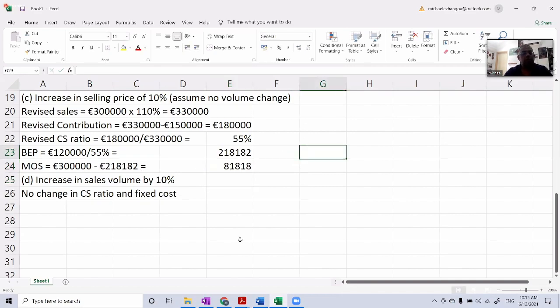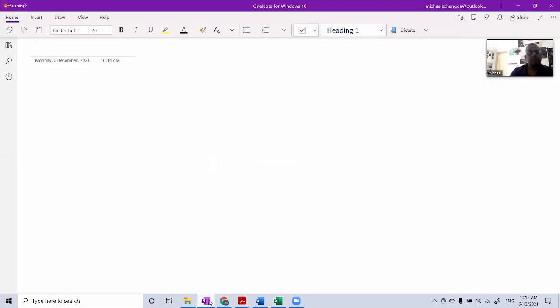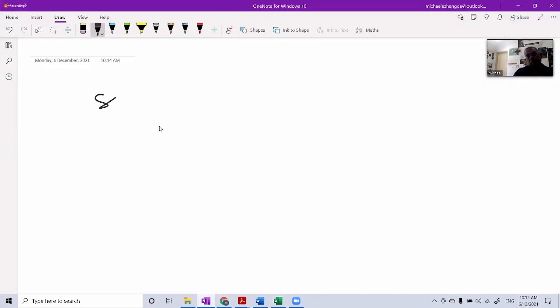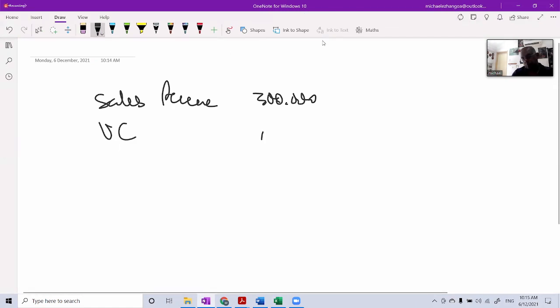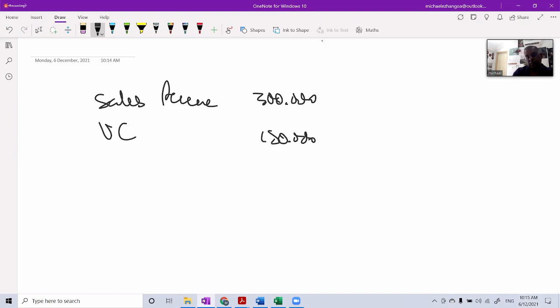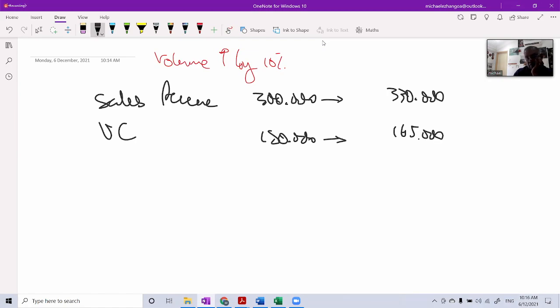Now next, no change in CS ratio and fixed cost. Let me explain why. You see, you have sales revenue 300,000, variable cost 150,000. Now you have volume up by 10%, correct? So if your volume goes up by 10%, this becomes 330,000. This becomes 165,000, correct?